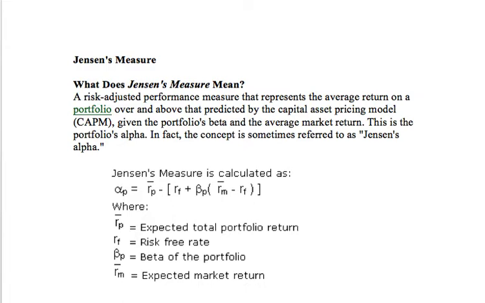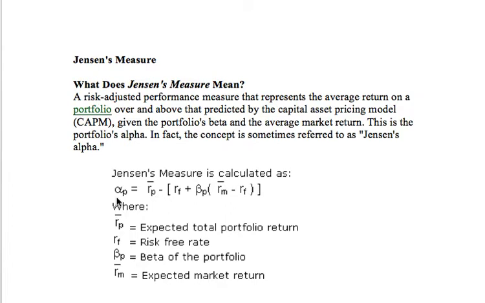So when we look at this Jensen measure and the alpha here, what we're trying to calculate is: is my stock or my portfolio giving me a positive alpha from the standpoint of the risk taken in relation to the return?